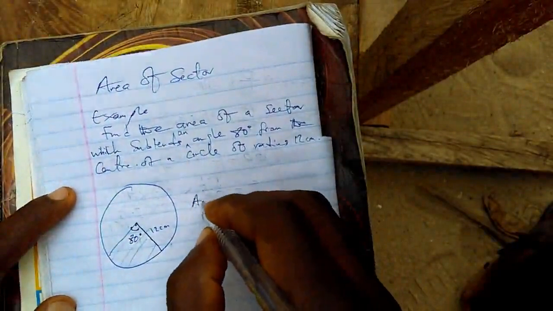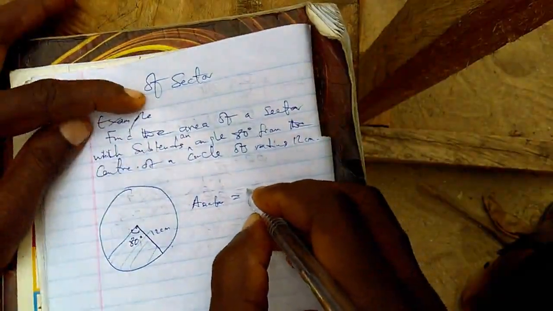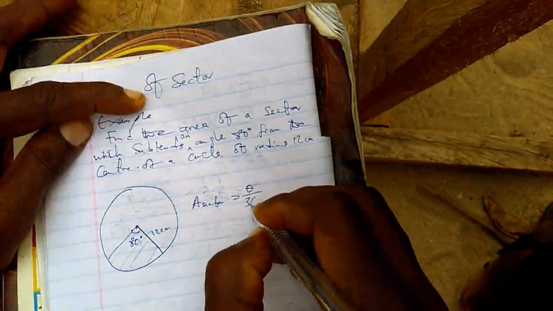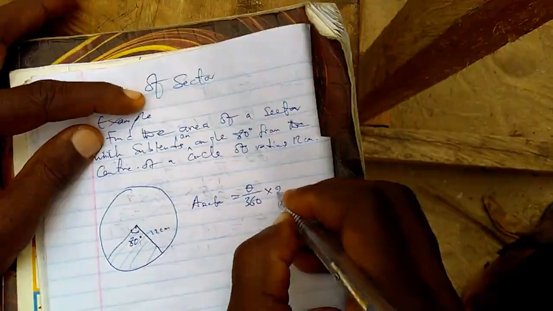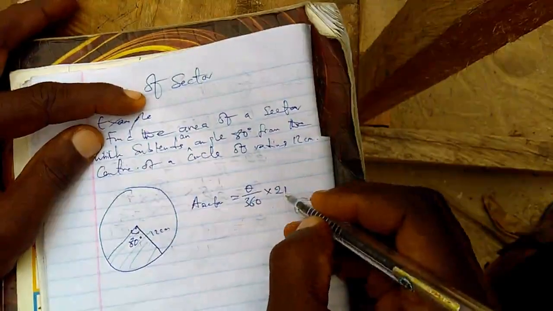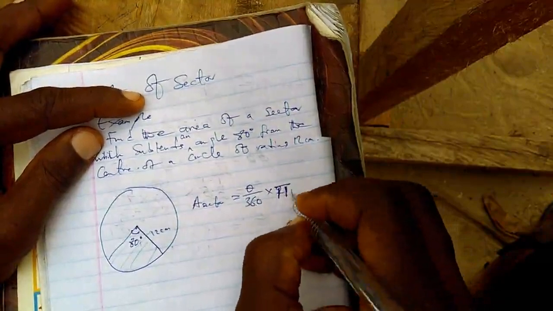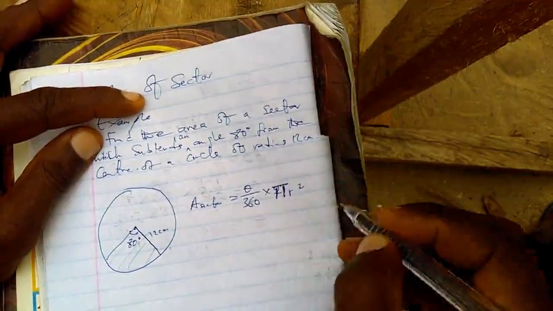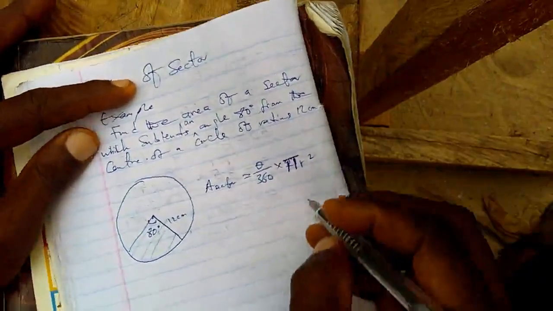Area of a sector is the fraction of the angle times the area of the circle, pi r squared. So that's the formula.